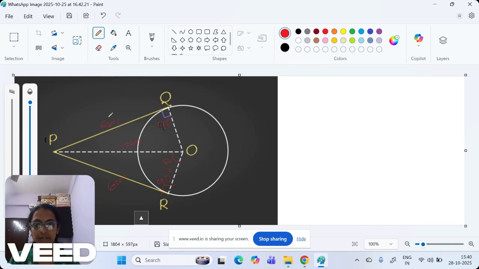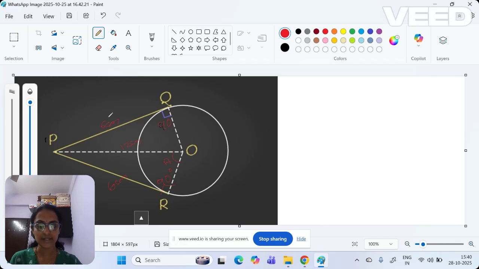Now let us find out the length of the other sides, that is QO and OR. If you observe, QO is nothing but the radius of the circle. So now we will apply Pythagoras theorem to find this side.